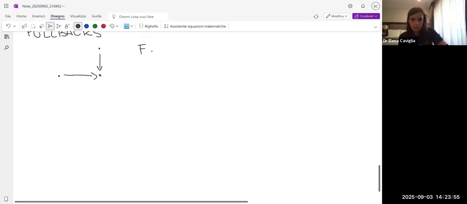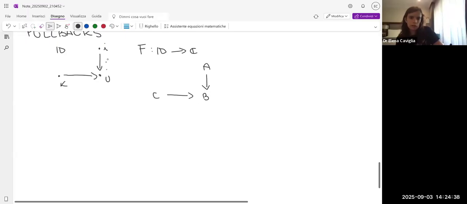Let's call the objects I, J, and K. So our functor F from D to C sends I, J, and K to objects in C. Let's suppose that I is sent into A in C, J is sent into B, and K is sent into C.